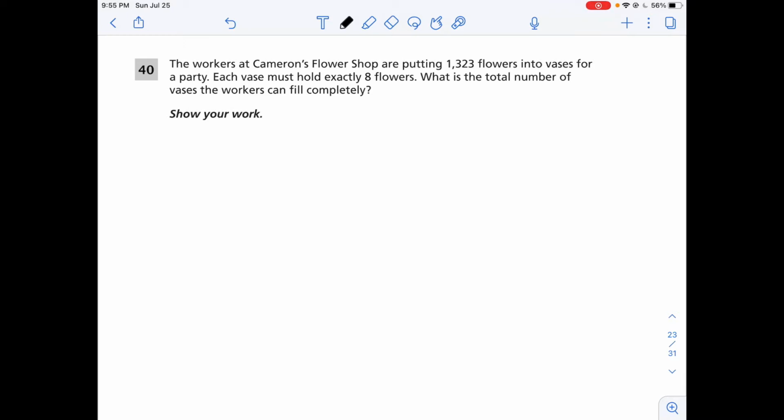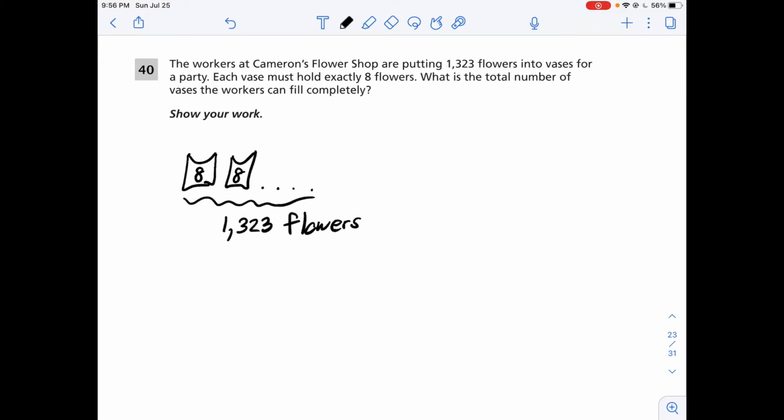So we know that there's going to be vases, and each vase holds 8 flowers. Okay, so there's going to be one vase, there's going to be another vase, and each vase is going to hold 8 flowers for a total of 1,323 flowers.